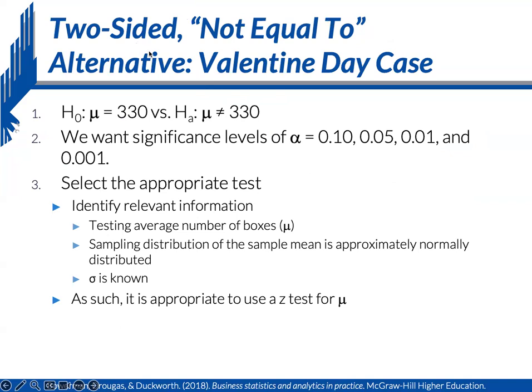So again, in this particular example, we are making a conclusion about a population mean. Specifically, the mean we are talking about pertains to the average number of boxes ordered. So that is a population mean. Next, the sampling distribution is approximately normal.